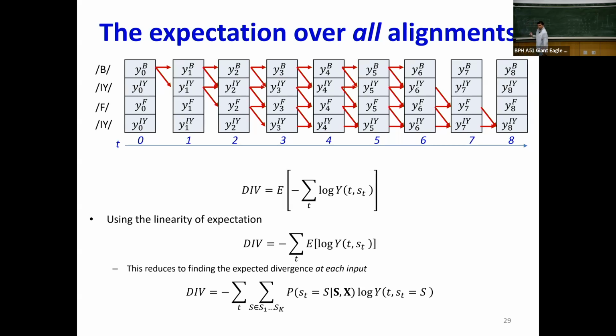This is what I was looking for. But if you consider this table, every single node in the table has a probability associated with it. So you want to take the expectation of this log probability. What is this expectation? What is this crazy value?